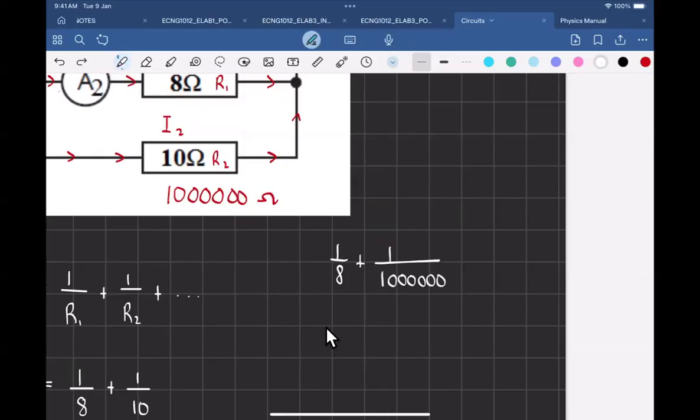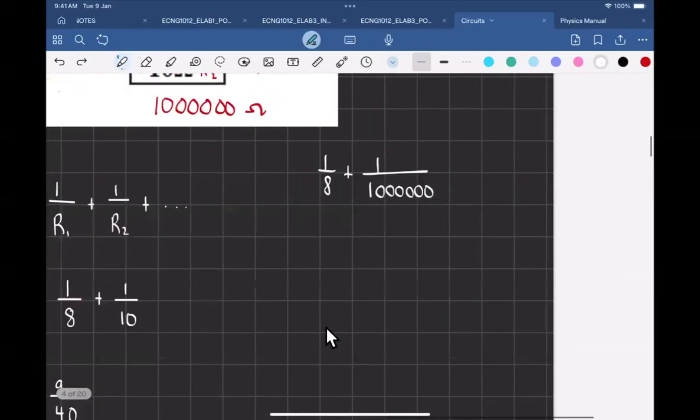Wait, there's something else you all could do. If you want, you could take your answer and raise it to the power minus 1. Math students will know what I'm talking about. If you want to invert something, you can just raise it to the power minus 1. So the answer is 0.125001. Raise that to the power minus 1 and tell me what you get. I guess 7.9999.